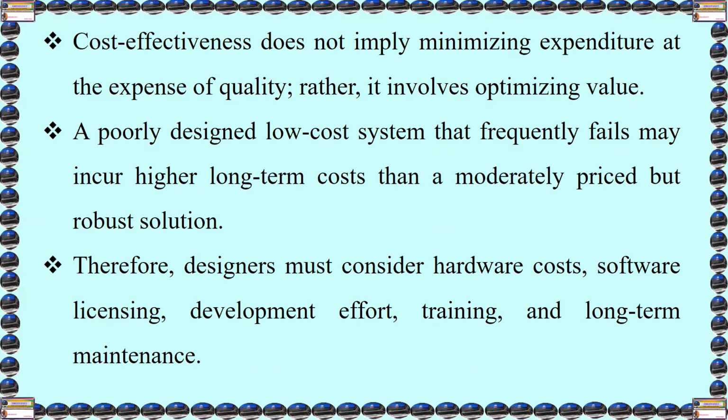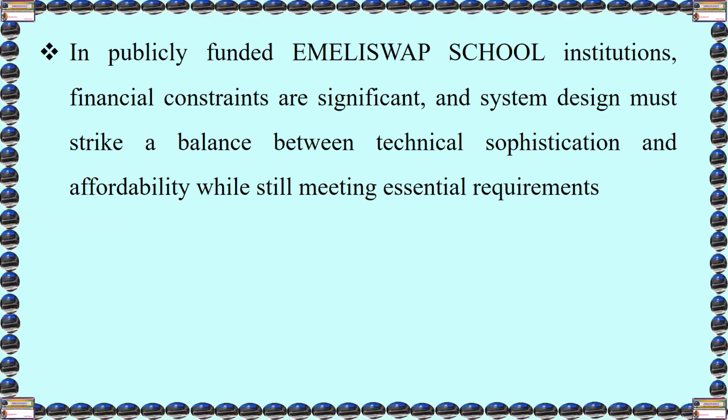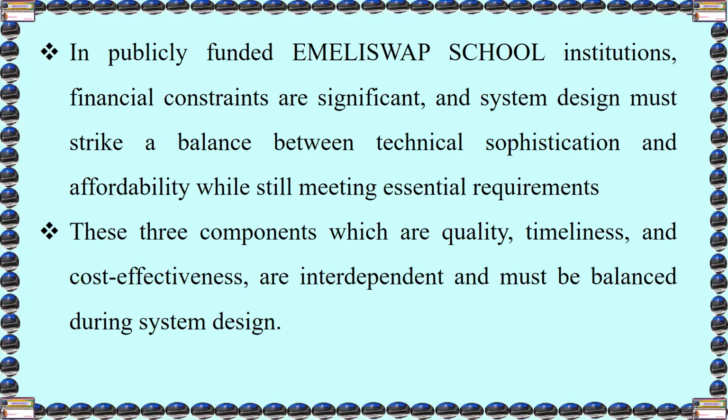Therefore, designers must consider hardware costs, software licensing, development effort, training, and long-term maintenance. In publicly funded MLSWAP school institutions, for example, financial constraints are significant, and system design must strike a balance between technical sophistication and affordability while still meeting essential requirements.